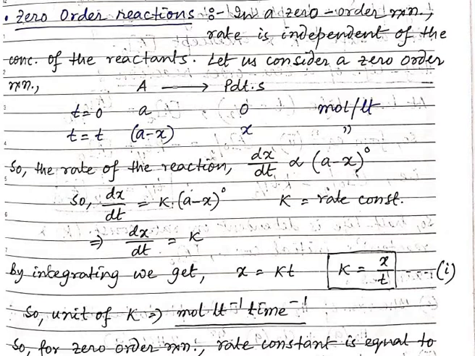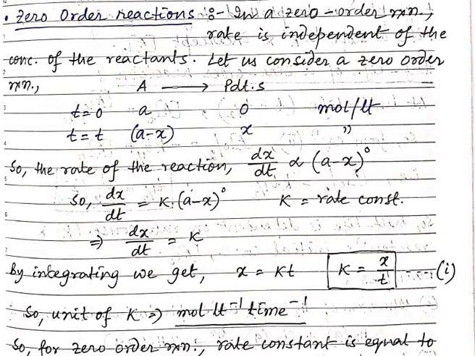So ultimately, if we integrate dx/dt equal to k, we get the integration of dx equal to k into the integration of dt. That means we get x is equal to kt plus c. Here c should be 0, so after integration x is equal to kt, so k is equal to x by t.